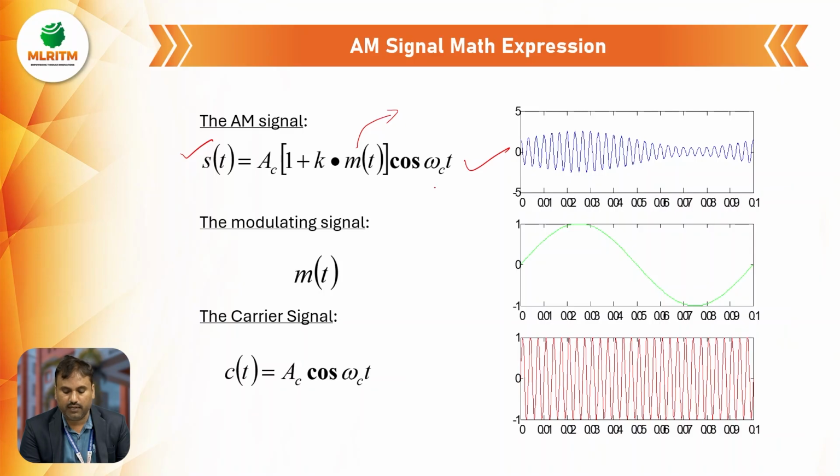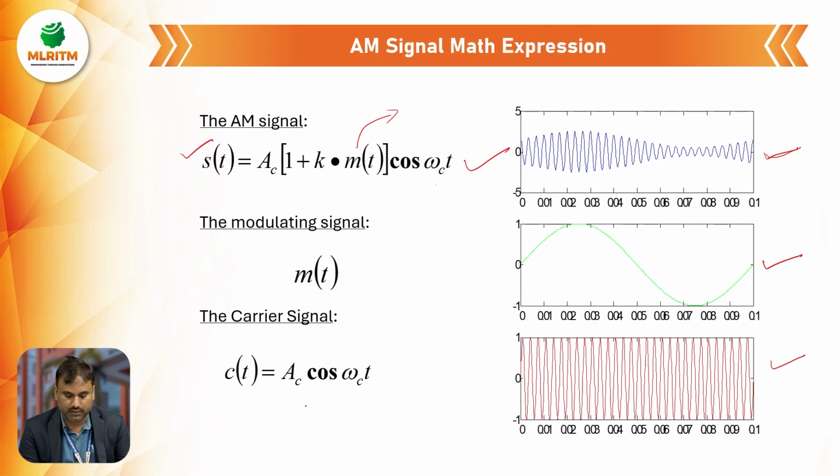This is the modulated signal waveform, and this is the mathematical expression. When you demodulate this signal, we have to get our original modulating signal. Here I am showing the modulated signal, the modulating signal, and the carrier signal.